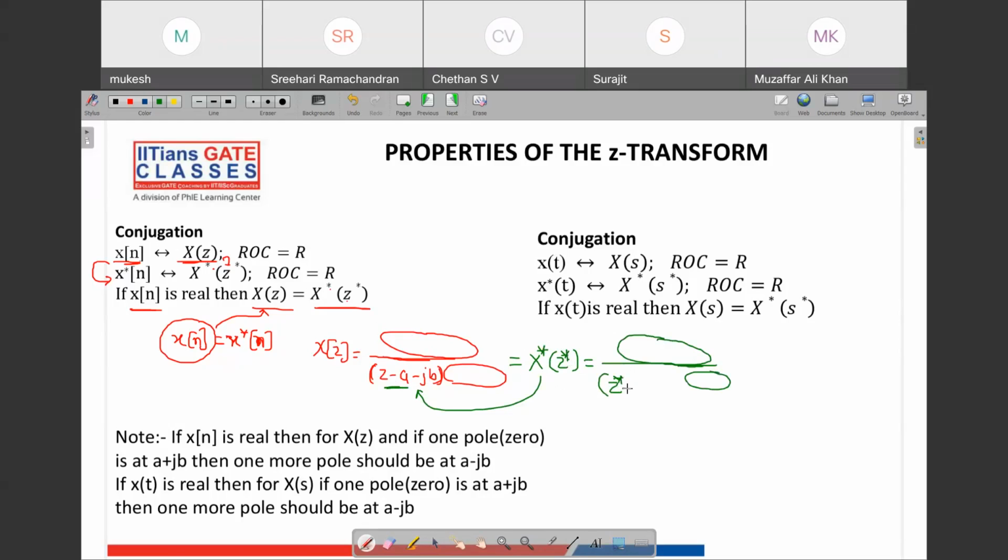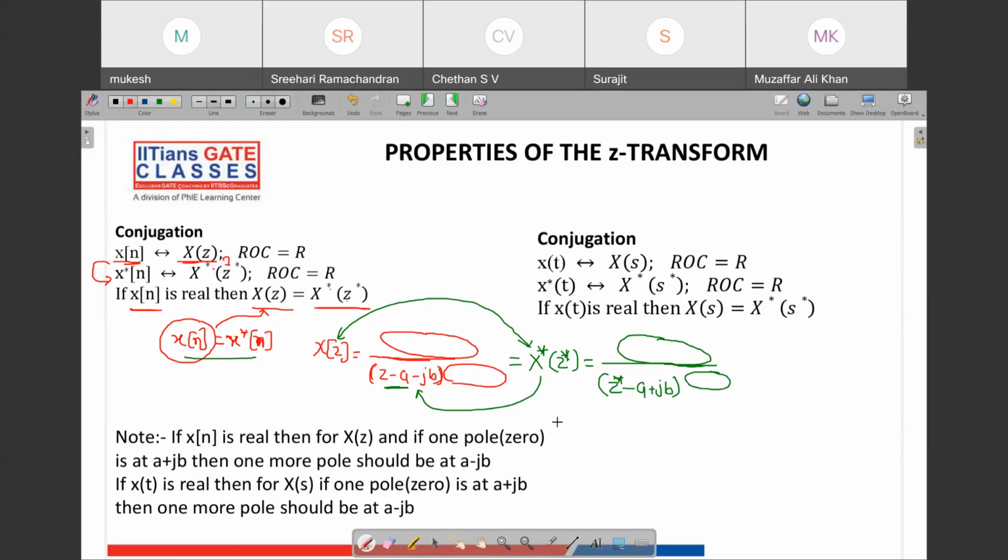Since I'm taking the conjugate, your imaginary term will change its sign. Correct? Something like this. Now we know that this and this have to be the same for a real signal. Why? Because x of n and x conjugate of n are the same.